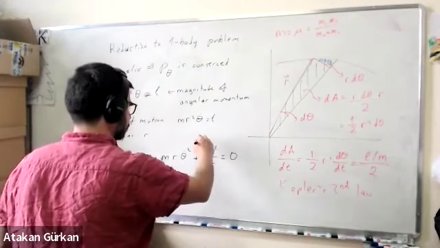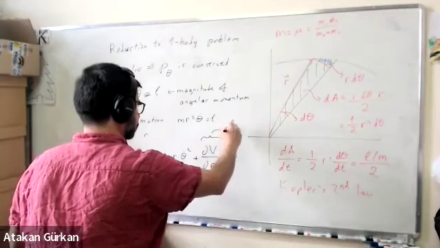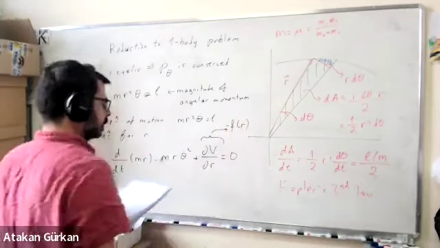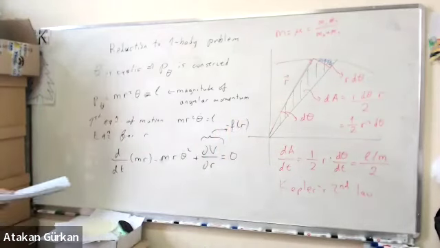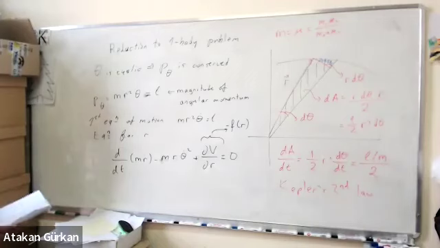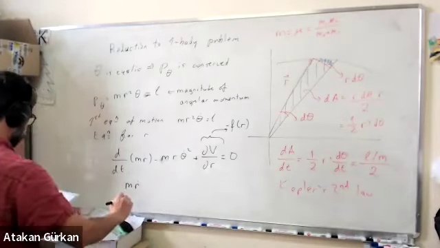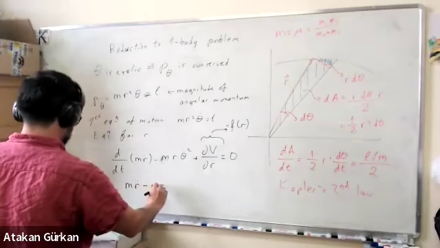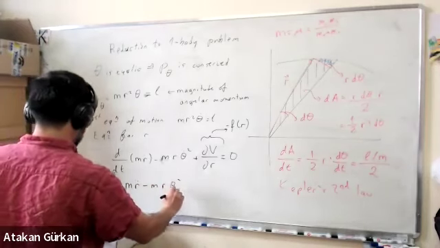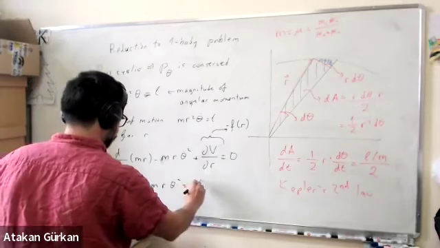In general, we're just going to call this some minus central force. So this is just one of the Lagrange equations, the Lagrange equation for the r coordinate, and we can simplify this obviously: r double dot minus r theta dot squared is equal to f of r.